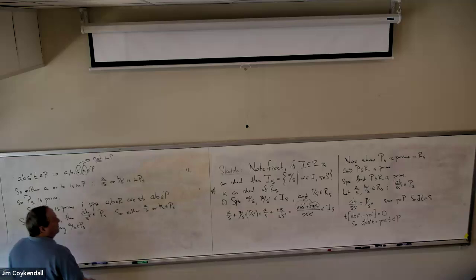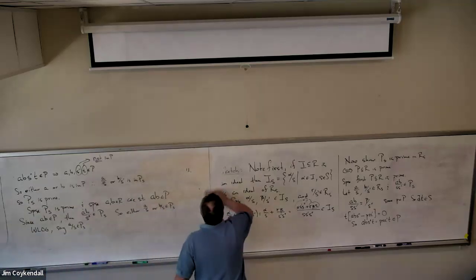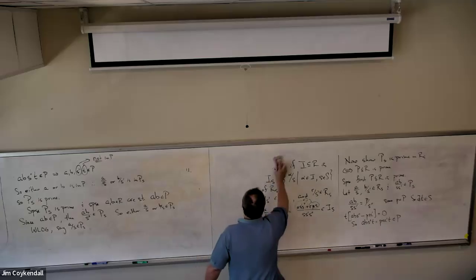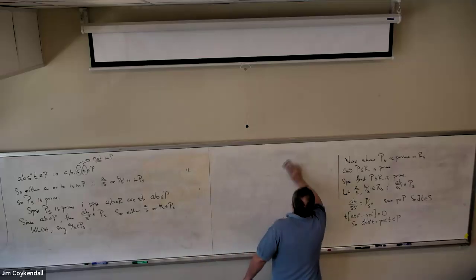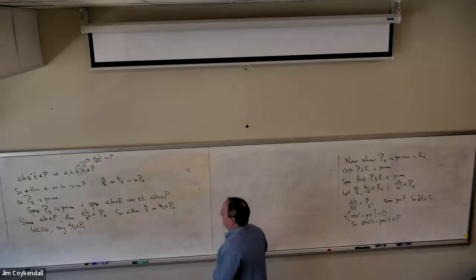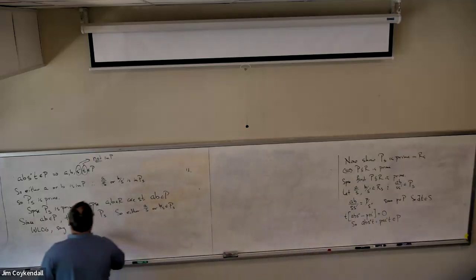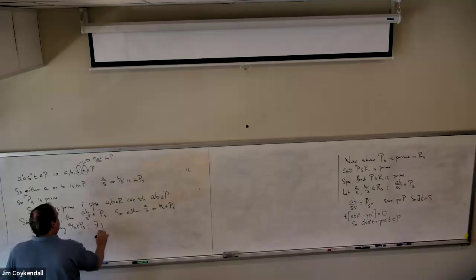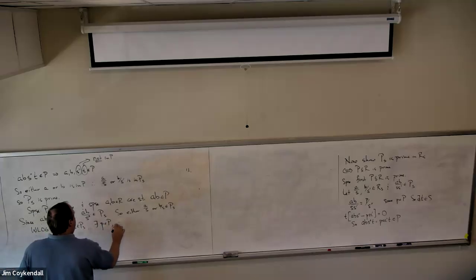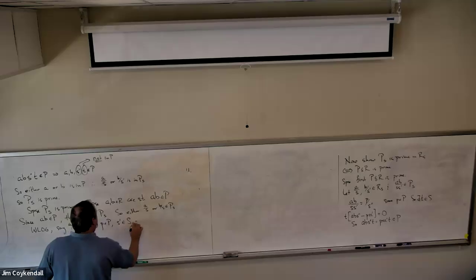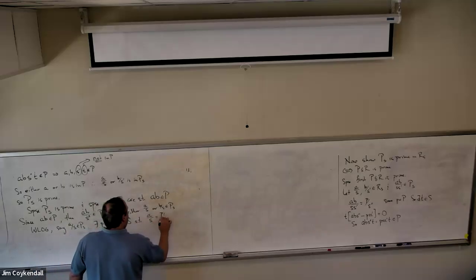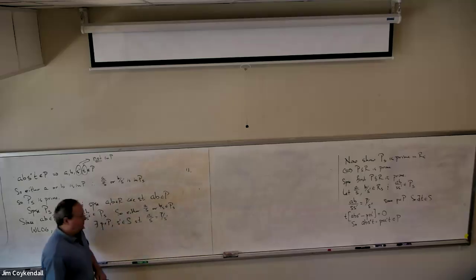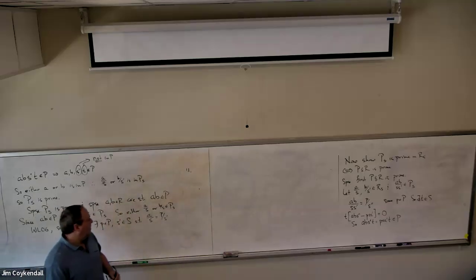What does this mean? Well, I'll be super careful about this. This means that there exists a p in P and an s prime in S such that a over s is p over s prime.